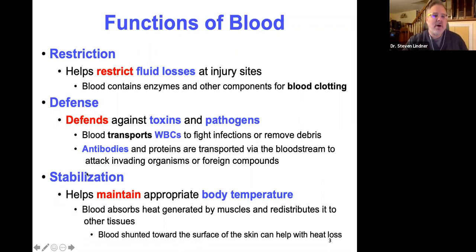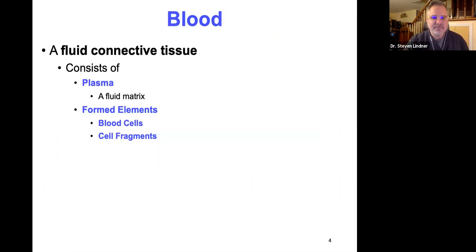So we are going to talk a little bit about RBCs, which are red blood cells, and WBCs, which are white blood cells. Red blood cells are also known as erythrocytes; white blood cells, leuko's white, leukocytes. And then we'll also talk about platelets briefly, which are involved with clotting.